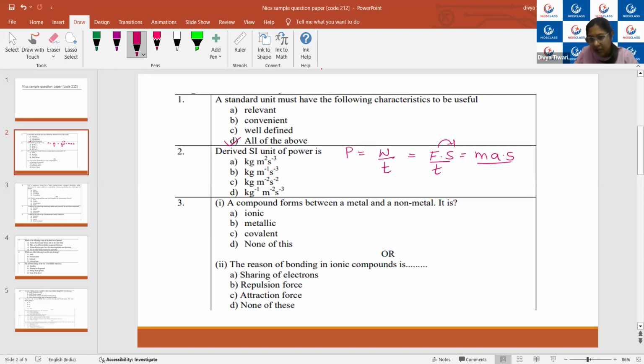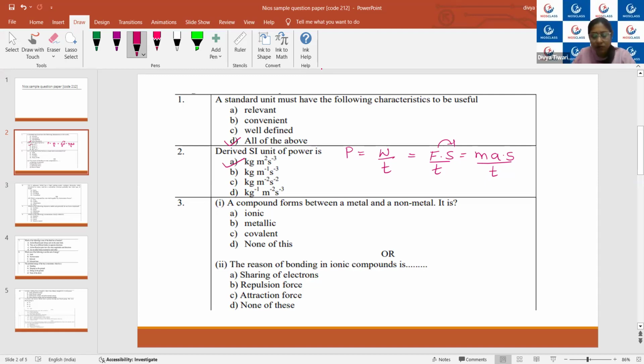If we solve, the unit of mass is kg and the unit of acceleration is meter per second squared, that is m s^-2. By substituting all the SI units, we will find that it is going to be option number A.